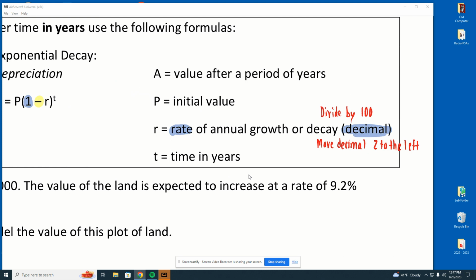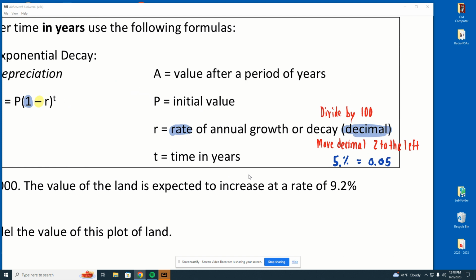So for example, the one I just said, 5%. Right now, where is that decimal understood to be? Isn't it right here? So if I moved it 2 to the left, what would that be equivalent to? 0.05.